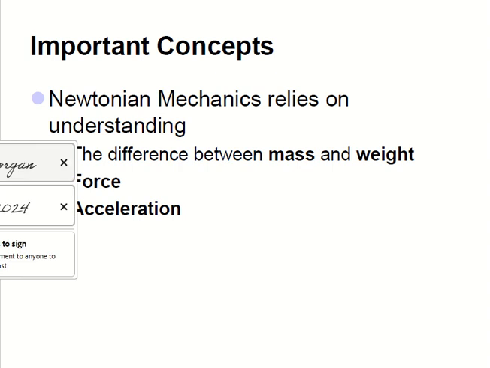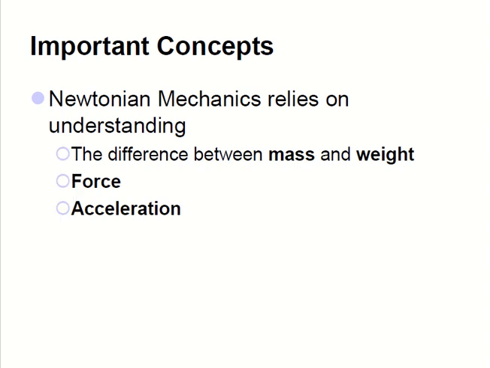One moment. Okay, here I got my pen. So weight is nothing but force, and weight is the mass times your acceleration. This is your acceleration due to gravity, and we usually write it this way.